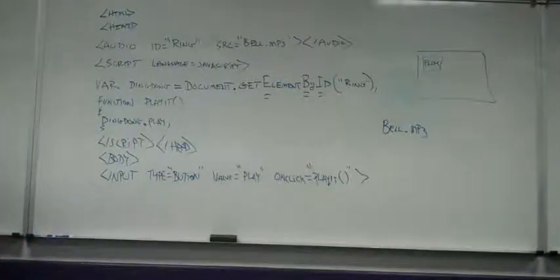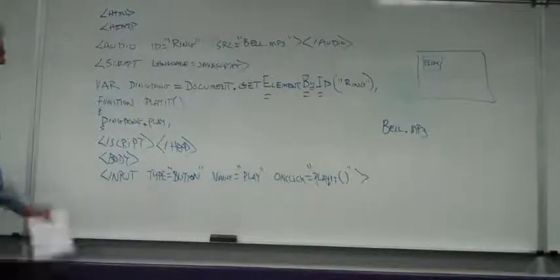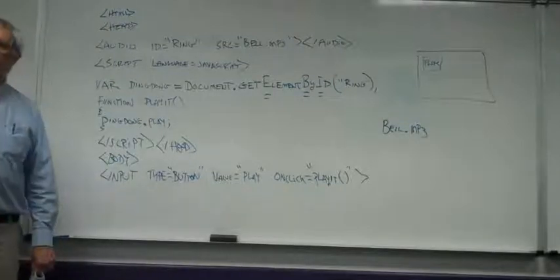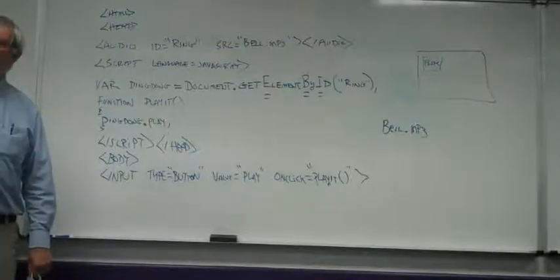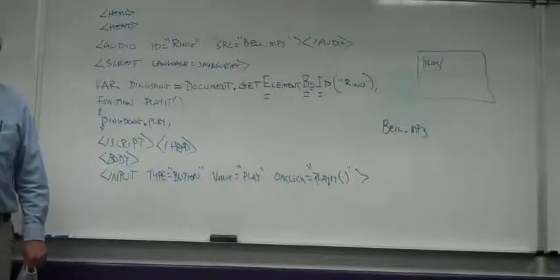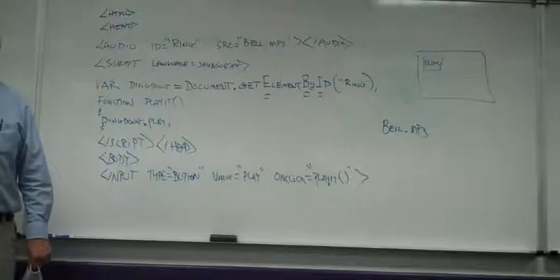Question: so is the .play like the universal thing that tells it to emanate the sound? Is that the trigger word? Okay, that's a good question, really. What happens is when you create a variable in sound, it has qualities. You can play it. You might be able to make it softer, make it louder, change the volume. You can do different things to it.